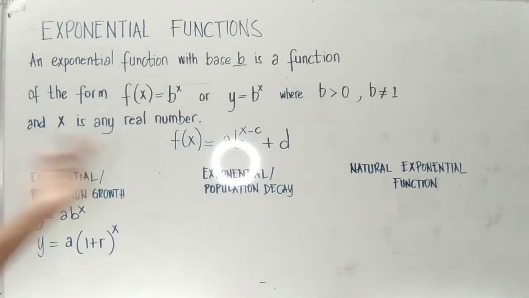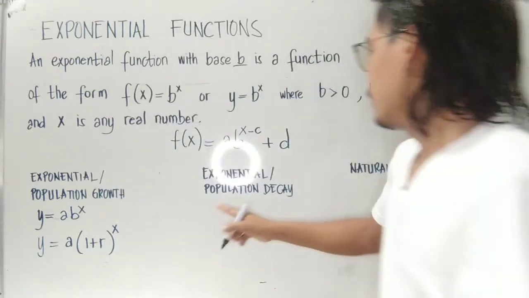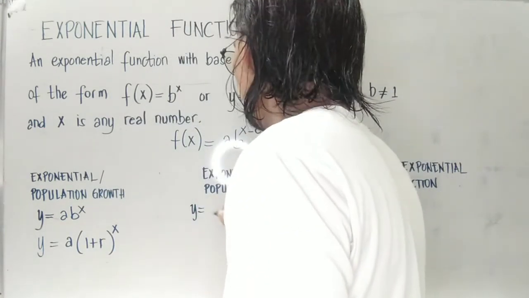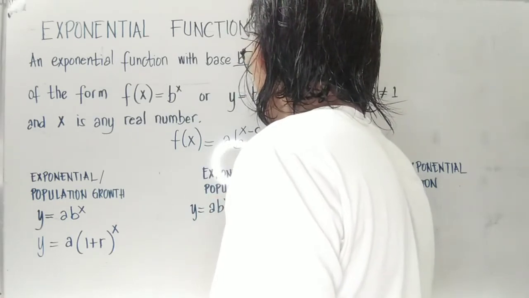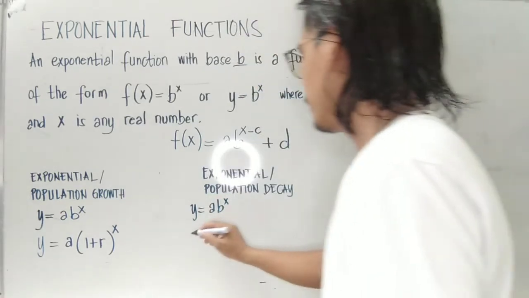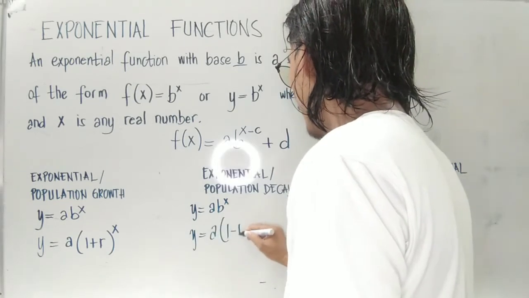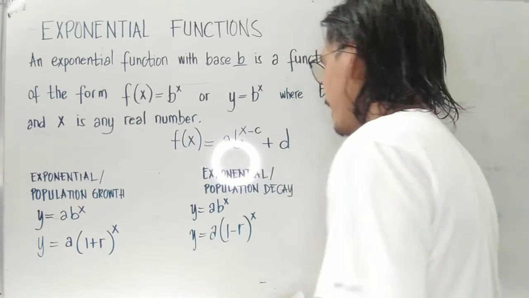In application to population decay, from the form y equals a b raised to x, we have a times the quantity of 1 minus r raised to x.